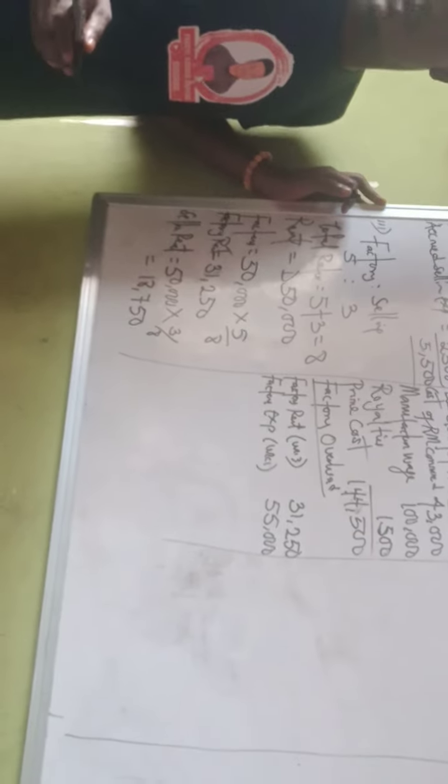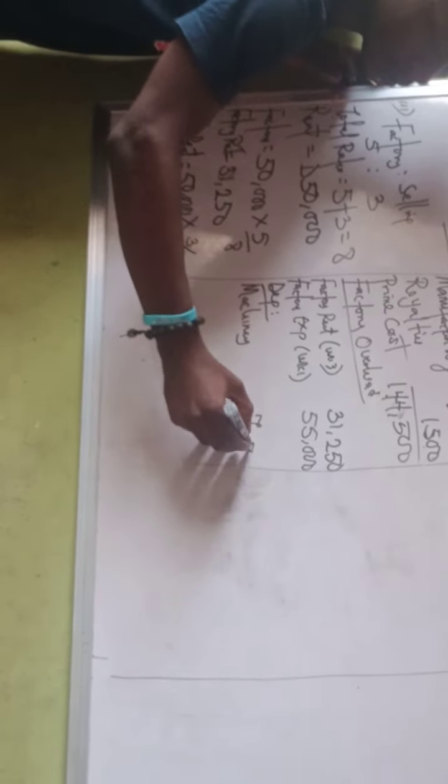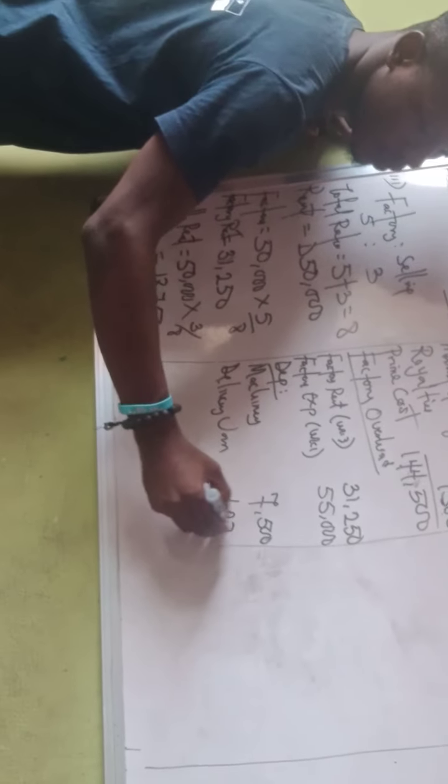What other one do we have there again in the question? Is there any other? Depreciation should be there. It is in the question. Check it out. Read that for me now. Depreciation of machinery and equipment, 7,500. The next one is delivery van, 1,280.